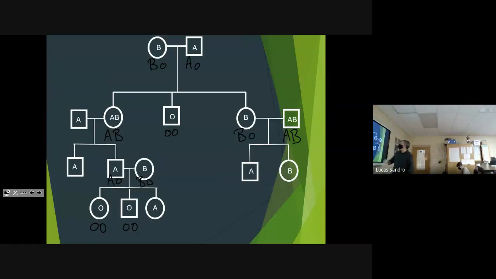She's this. Good? I think maybe we can figure out these two. Well, hang on. The A works out because we know that A came from here. So what does this have to be for him to be only A? This has got to be the O from here. So we know that one.